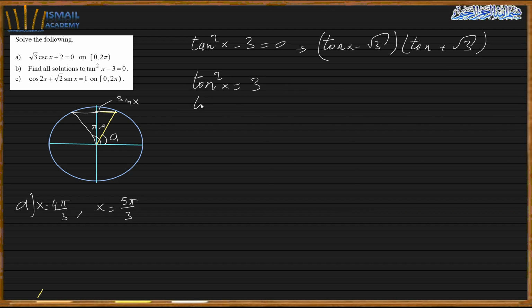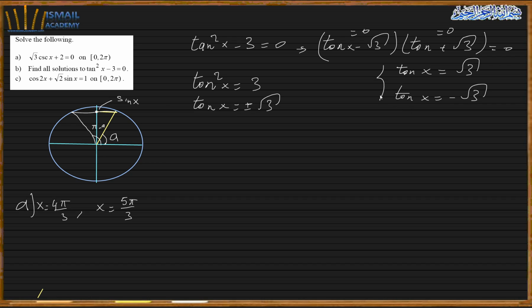Then you take the square root, so tangent of x will be plus or minus square root of 3. You can do it this way, which is easier, or you can factor and make each one equal 0, and you're going to end up having the same idea, tangent of x equals square root of 3, or tangent of x equals minus square root of 3. If you make this one equal 0 and this one equal 0, you can end up having this solution.